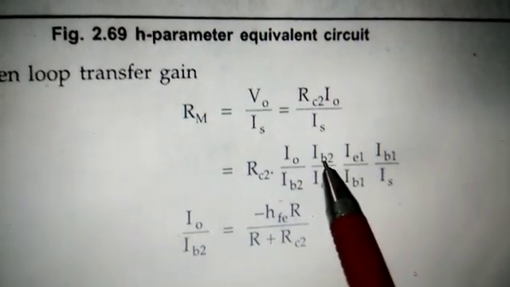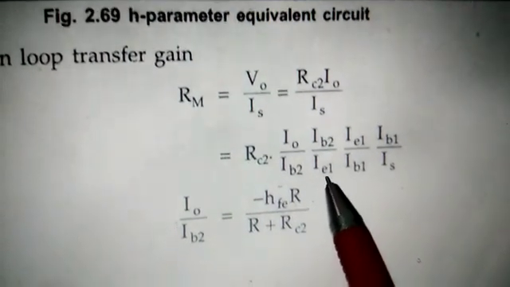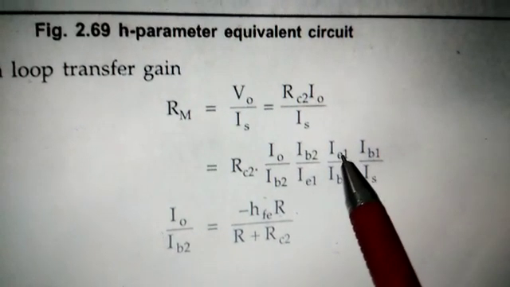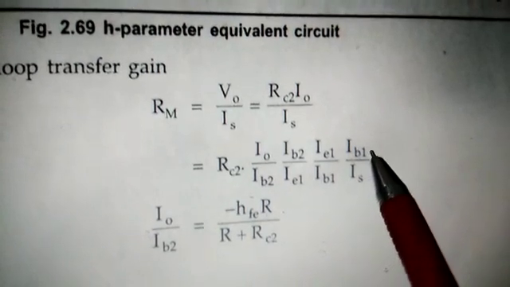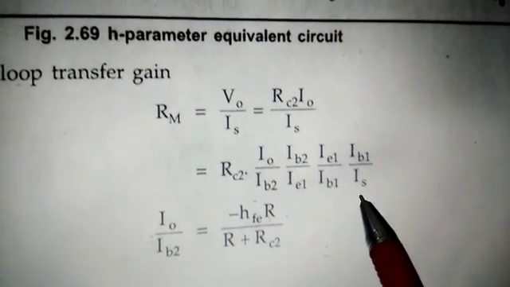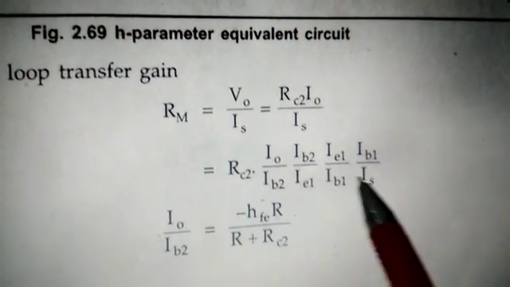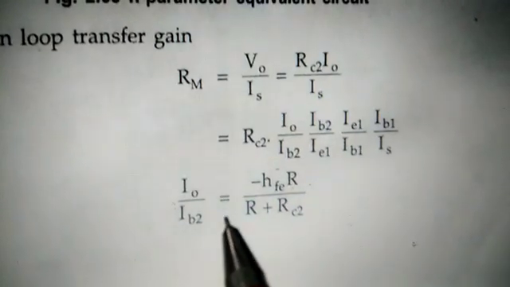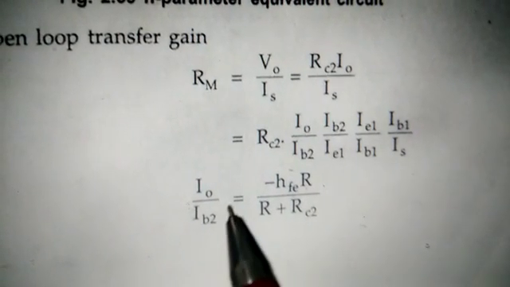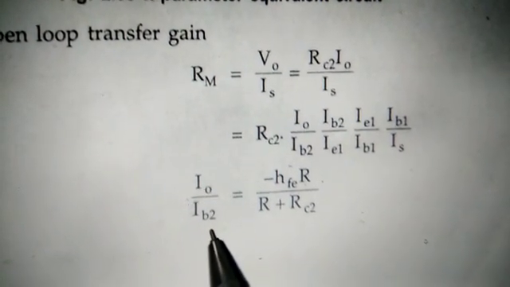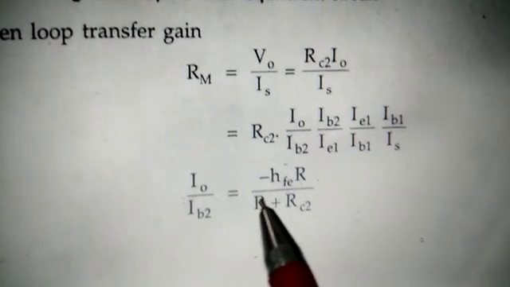This is input of the second transistor and output of the first transistor. This is output of the first transistor and input of the first transistor. And this is input of the first transistor and source current. So these four factors are there, out of which you calculate the first, I0 upon IB2, output of the second transistor to the input of the second transistor.